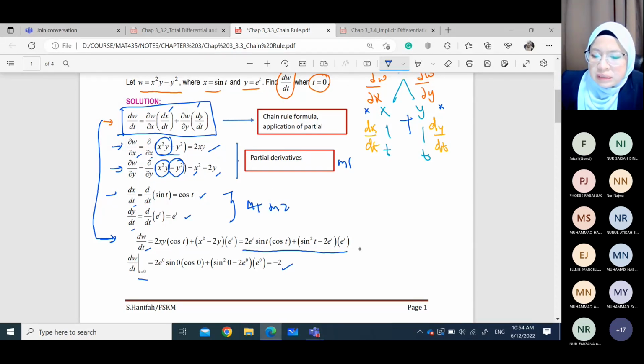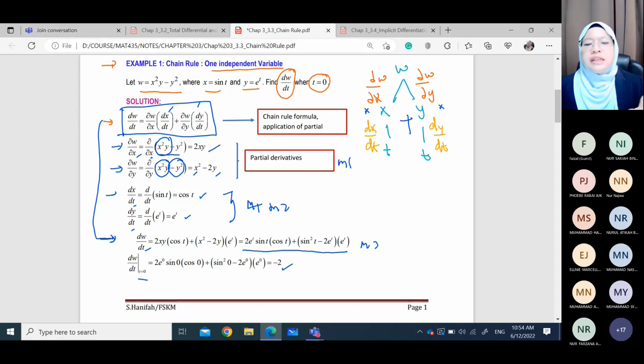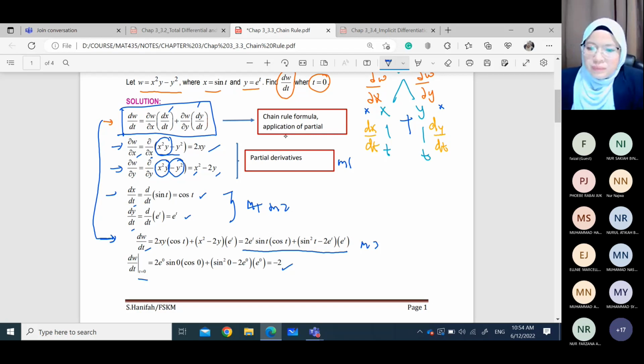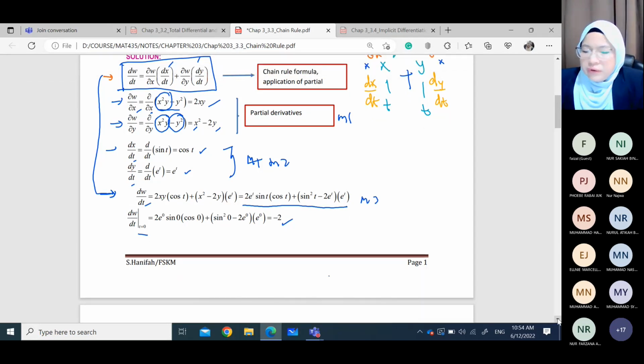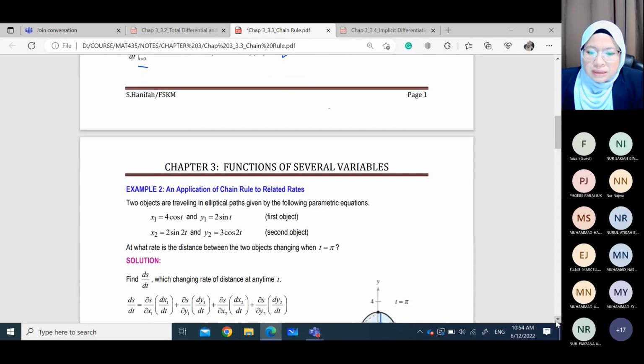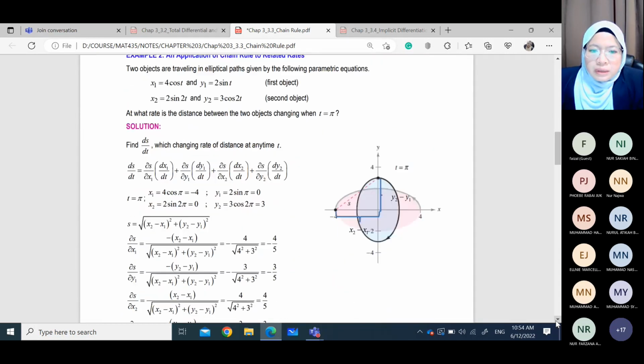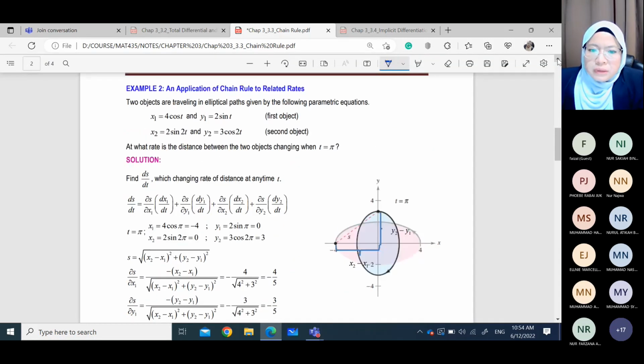And then method yang ketiga, we apply the chain rule formula. Okay. So, kena ingatlah step dia. Okay. Right, ada soalan? Any question, class? Tak ada ya? Okay, so kalau tak ada, very good. Kalau ada, boleh tanya.